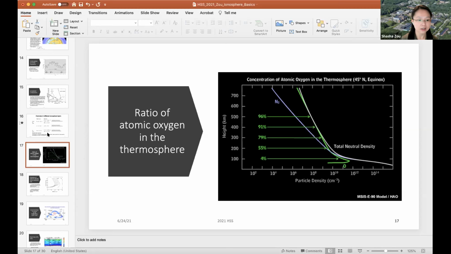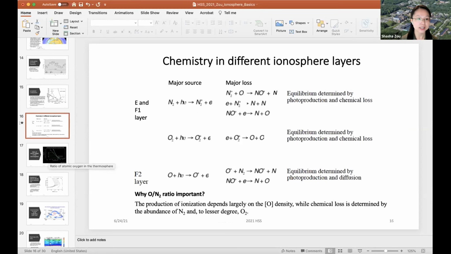From the chemical reaction slide, you learn how important those two, N2 and O, are in the photoionization source process and also in the loss process, right? So N2 is very important to destroy the O+ in the F region.